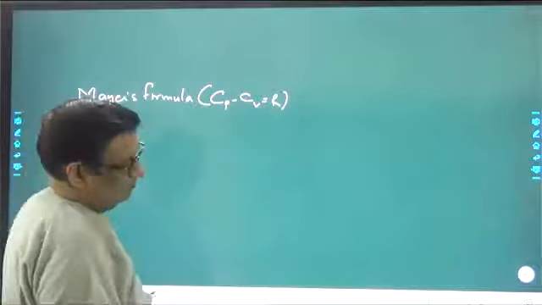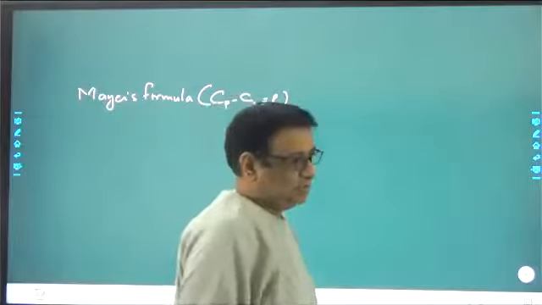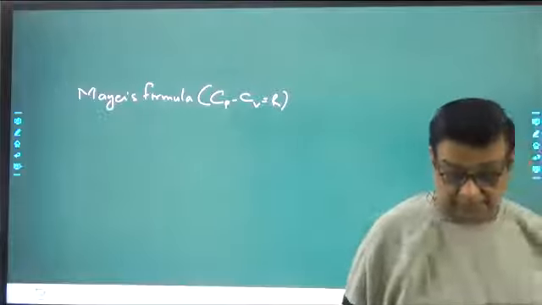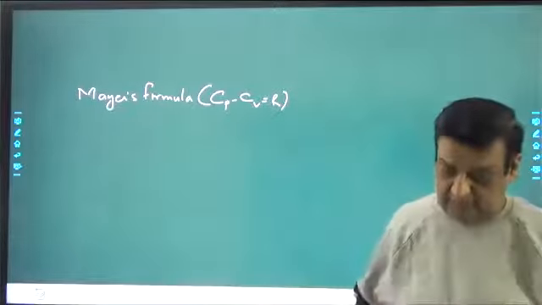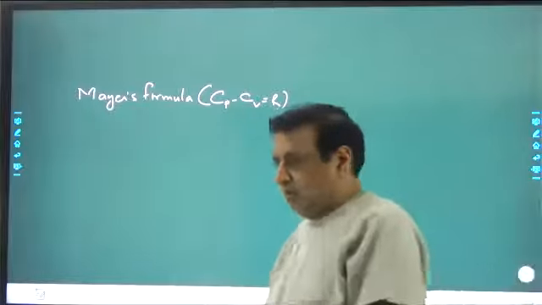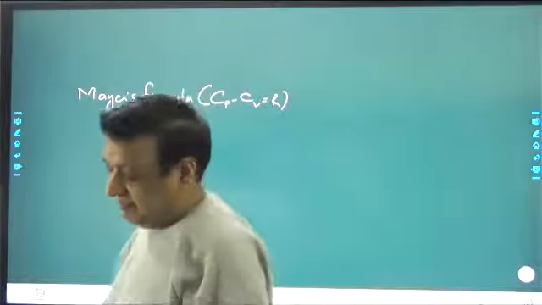Next is Mayer's formula. Cp minus Cv is equals to R. फर्स्ट लॉ ऑफ थर्मोडायनामिक्स से हम derive करेंगे.